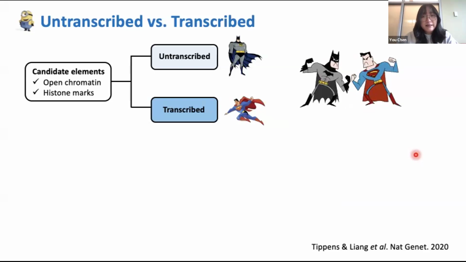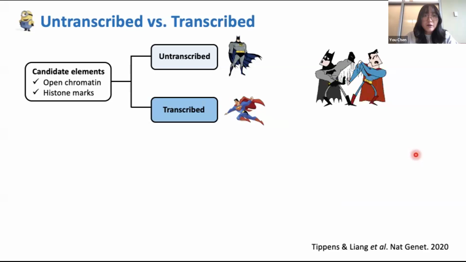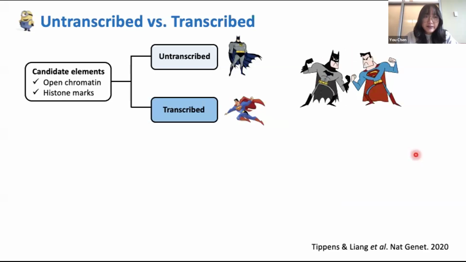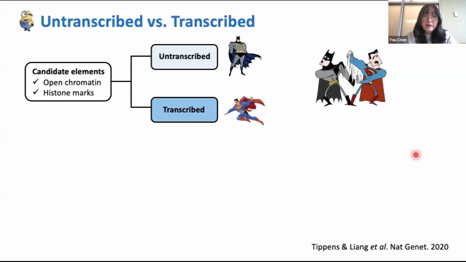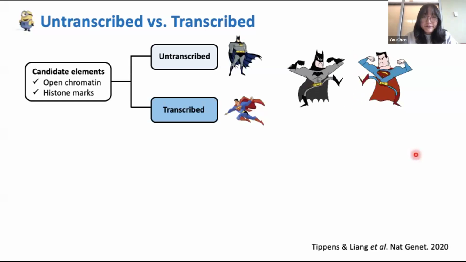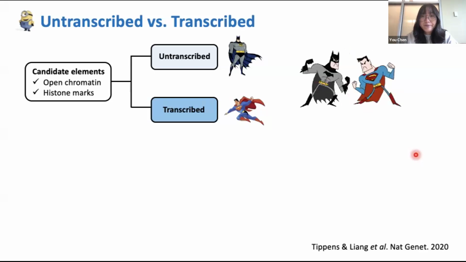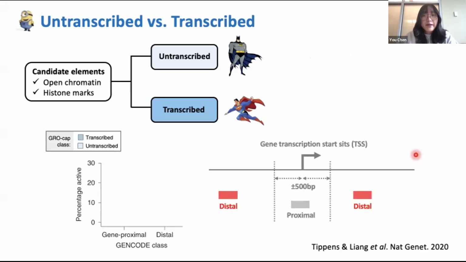Here we selected candidate elements that are located in open chromatin regions and have decent histone marks. These elements are further divided into two groups, untranscribed and transcribed. As controls, we included proximal elements located within 1 kb region surrounding gene TSS, which are potential promoters, while those outside this range are classified as distal elements, which are potential enhancers.